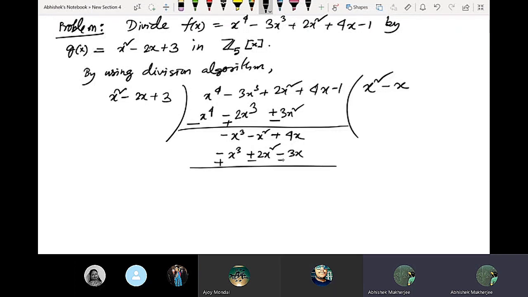So again we have minus 3x square plus 2x minus 1. Now it is minus 3, then minus 3x square plus x plus, what is this? This is 3 into 2, that is 6.